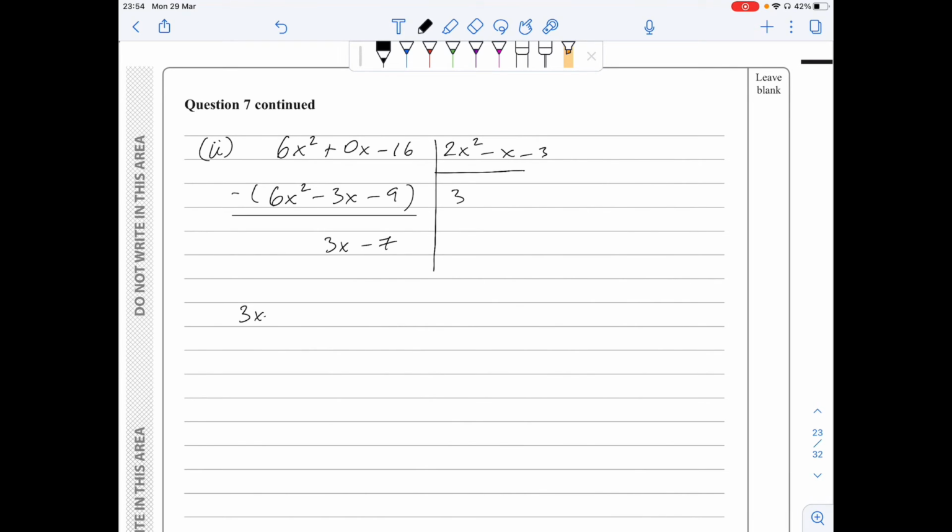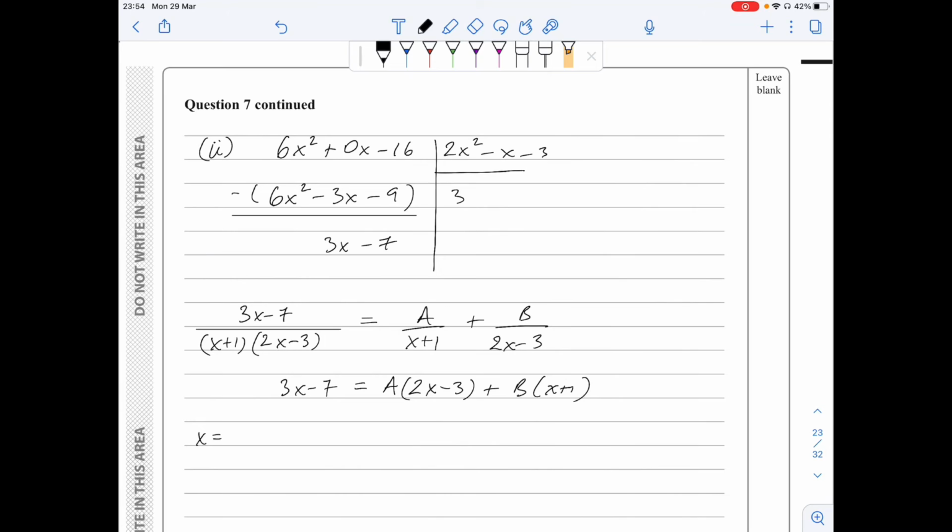Now, this (3x - 7) over (x + 1)(2x - 3), I will write it as two fractions, A over x plus 1 plus B over 2x minus 3. This will give me 3x minus 7 equals A times (2x minus 3) plus B times (x plus 1).